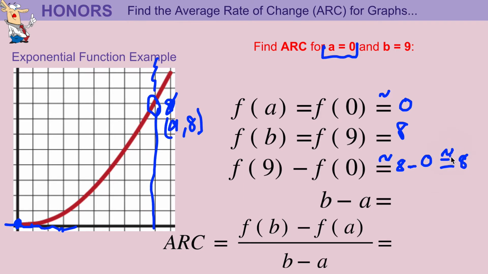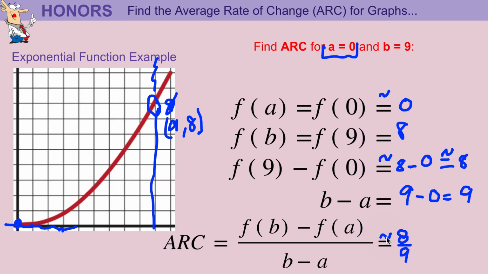And we just have to remember that now these are going to be just an approximation. It's close enough for what we're doing, but that's something we just need to note. Now let's go ahead and do 9, and these are concrete, so we know them. We don't have to approximate. This is 9 minus 0 is 9. So then we go ahead and write this as 8 over 9, noting that it's an approximate.